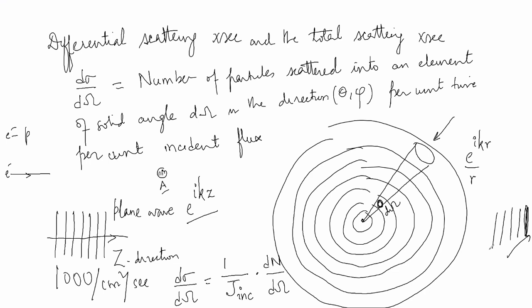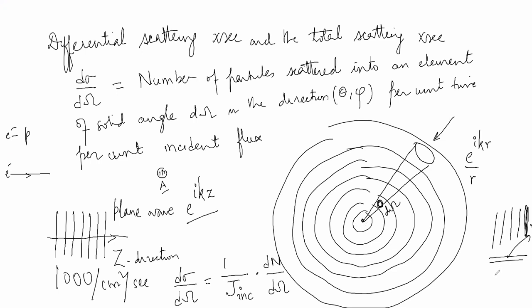Now, since there is a scattering center, since there is a target particle, among these 1,000 particles, the majority of them will be able to reach the other side, but some of them will get scattered because of the presence of the scattering center or because of the presence of the potential.